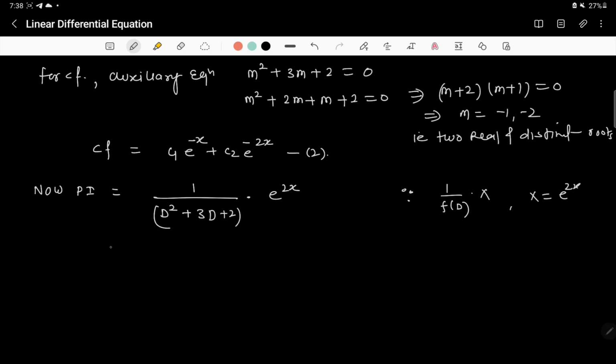So if we put D equal to 2 here, what we will get actually? 2 square plus 3 into 2 plus 2, times exponential 2x.